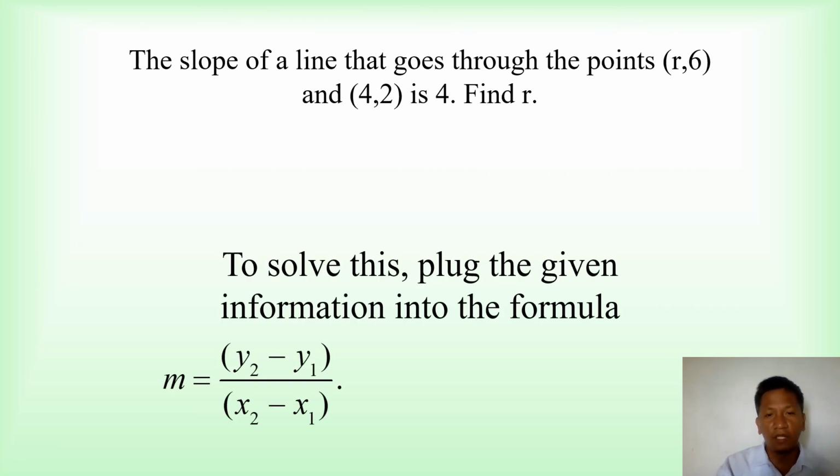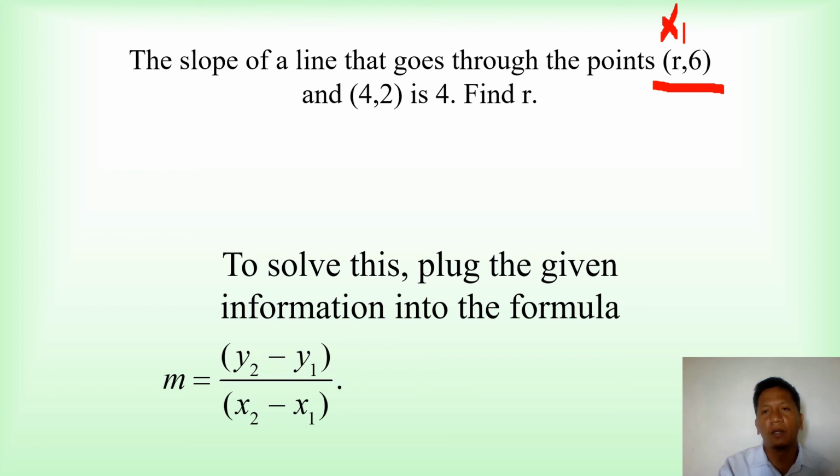To solve this, plug the given information into the formula: y sub 2 minus y sub 1 over x sub 2 minus x sub 1. So let's determine ano ang y sub 2, y sub 1, x sub 2, x sub 1. Since this is our first ordered pair, identify na natin siya. Ito magiging x sub 1 natin. That is r.